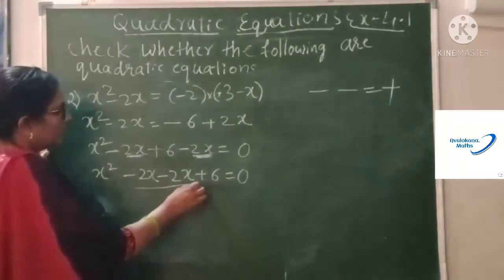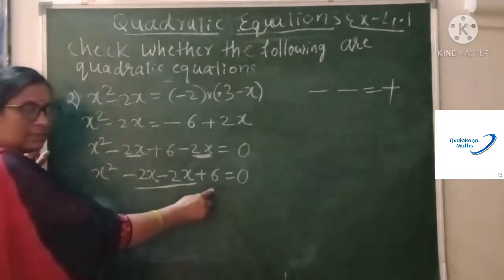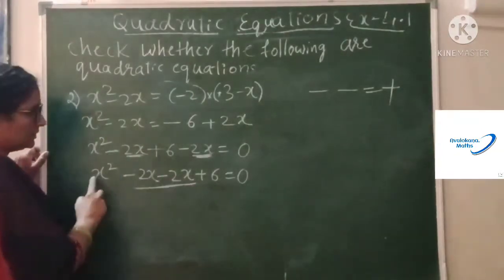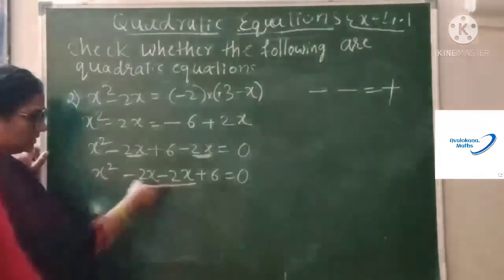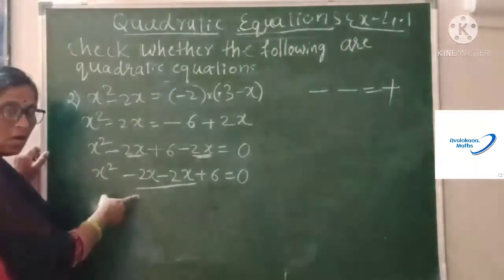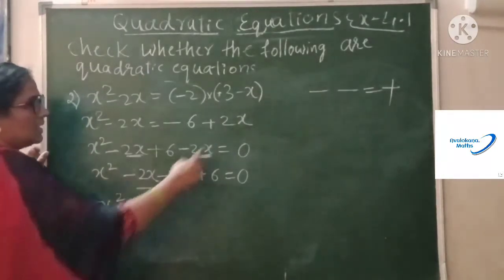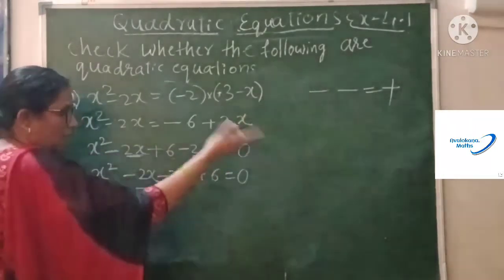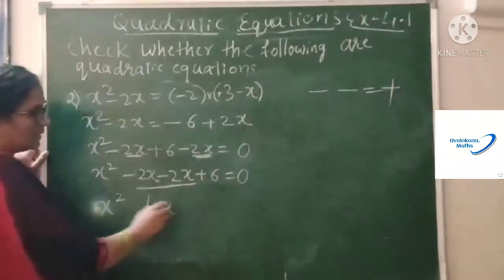Now we can simplify only these two terms. This is simple, and this is also simple because there is nothing to add or subtract with x square and the number 6. How? x square minus 2x minus, as I told you, minus minus, that operation we do as addition. This is 4x. Now the question comes of sign.